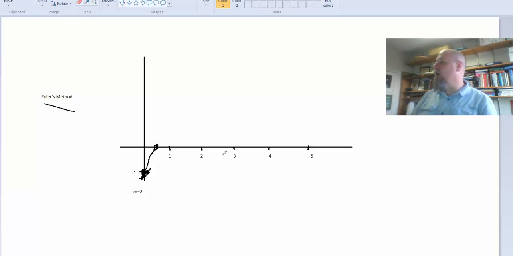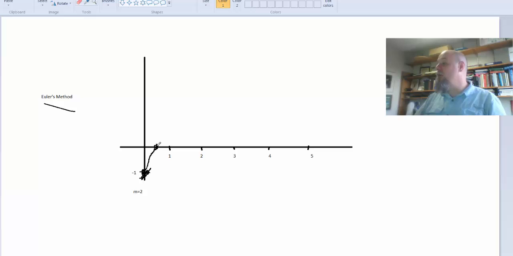So if I want to figure out the y value when x is equal to 3, with a step size of a half, I'm going to need 6 iterations of this method to get there. If I took a bigger step, maybe made h equal to 1, I can get there in 3 steps, but I give up accuracy. So in general, it's a compromise. Small steps take a lot of steps to get to the desired answer, but it's more accurate. Big steps are faster, but not as accurate.